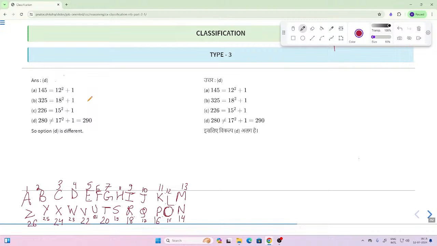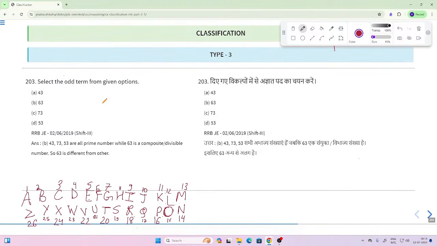Cube of 11 is just triple 1331. So that's always helpful to know. 145. 12 square, 18 square, 15 square. See, this is 17. 17 square is 289. That is 17 square minus 9 even. 290. Yeah, so no. D.